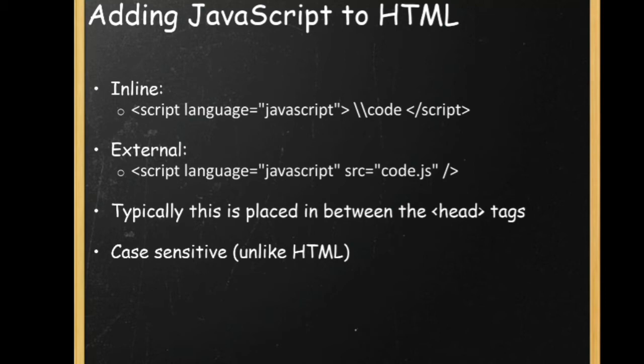JS is the extension of JavaScript, and we will write our code, and then it will be included in HTML for creating a link. It is also a case sensitive language, which means capital A and small a are both different.